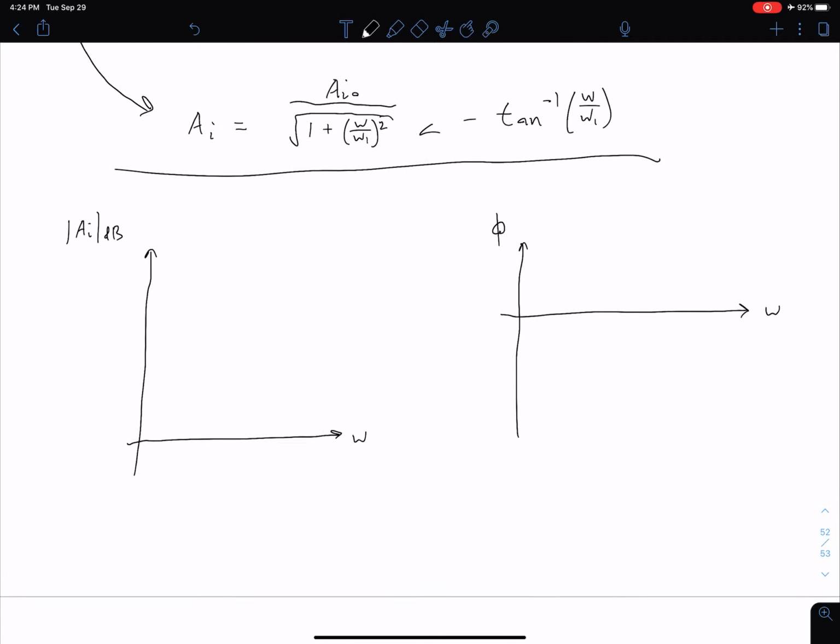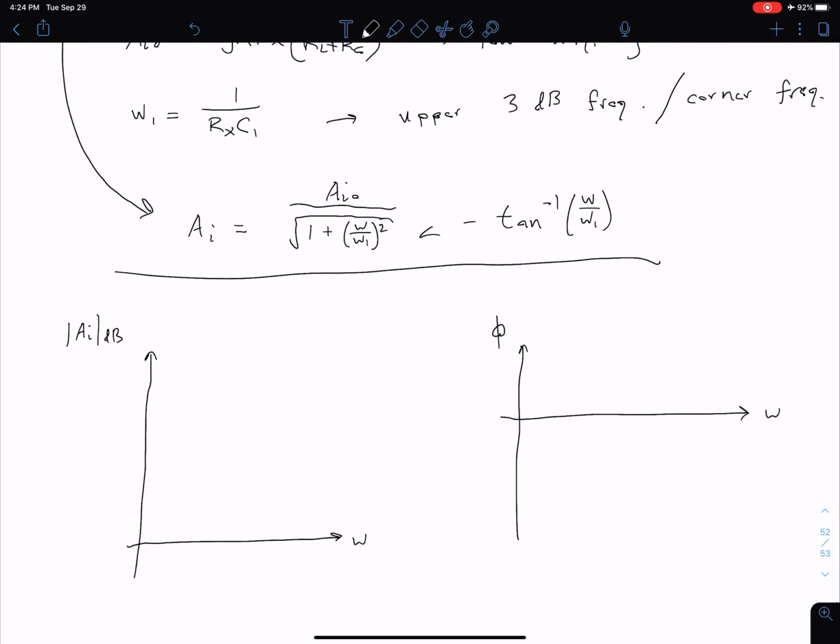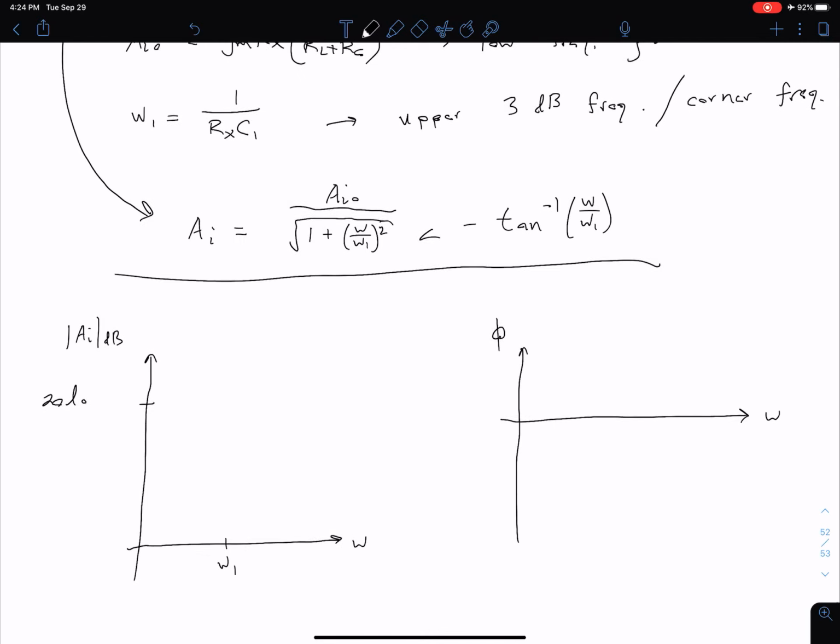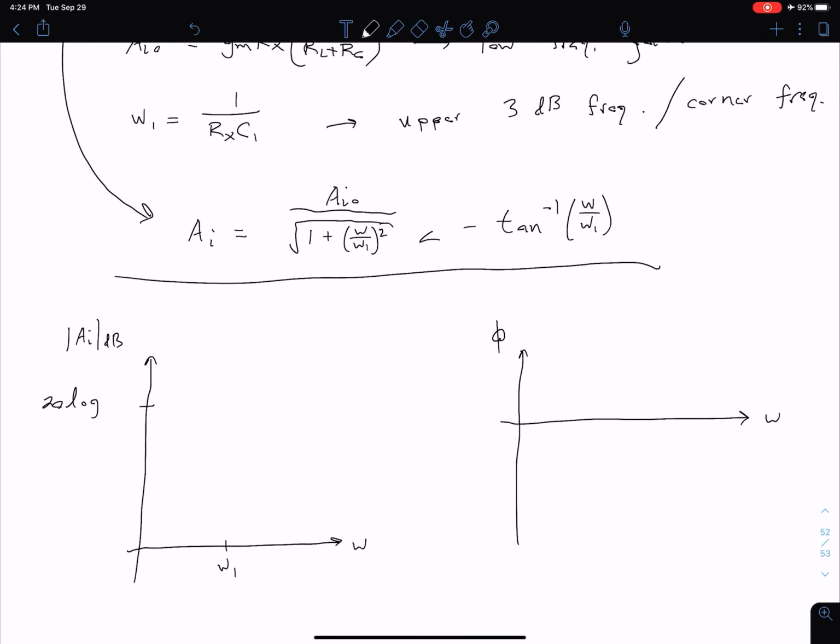So let's look at our gain first. Our key frequency is this corner frequency, or 3 dB frequency, omega 1. If we're doing our linear approximation with our Bode plot, and we want to convert the magnitude to dBs, we're going to have 20 times the log of this AI0.